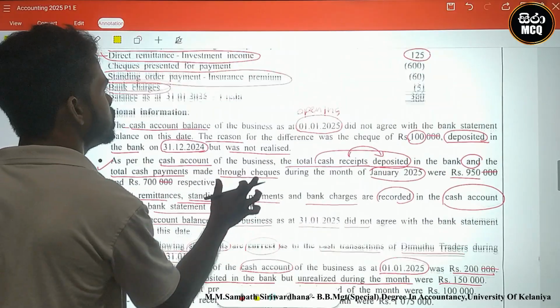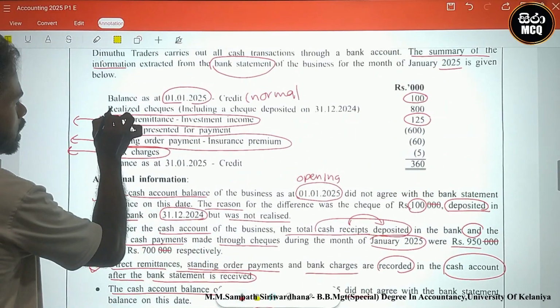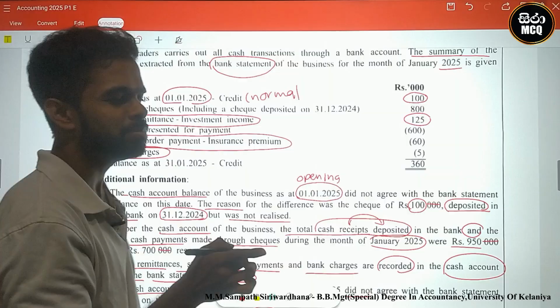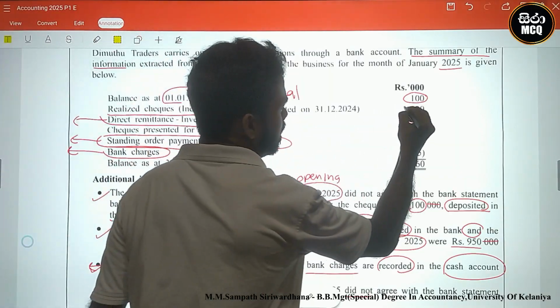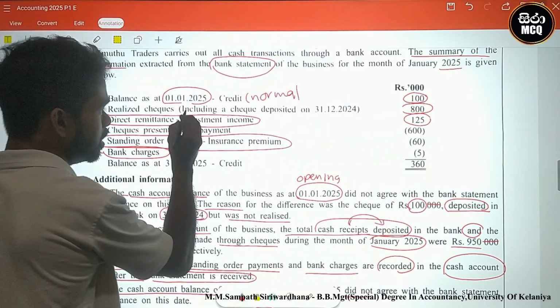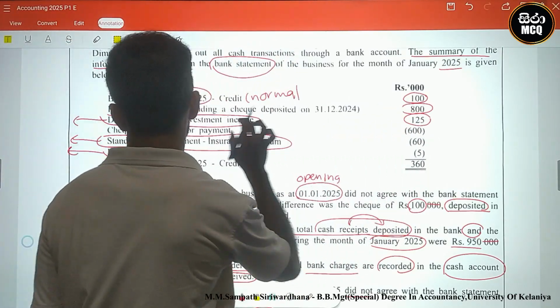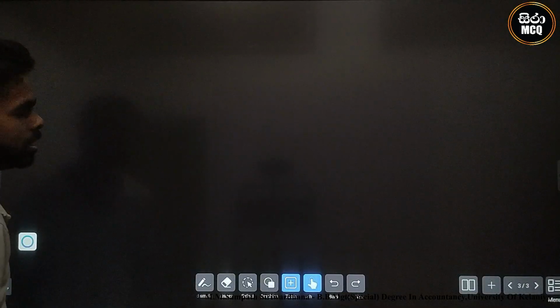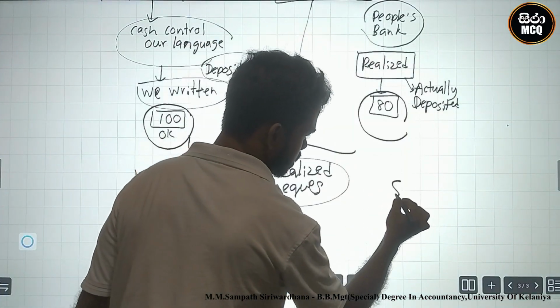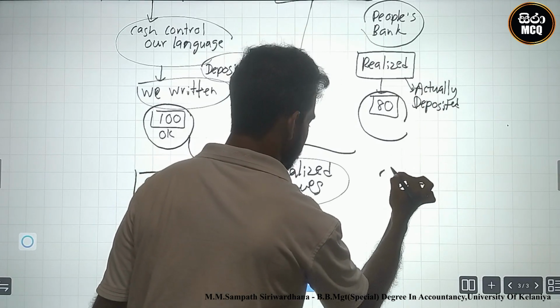But look here, the bank depositing. Look here, realized checks. Realized means actually deposited, 800. Look here, this is the crucial point. The realized checks are 800. They deposited 800.